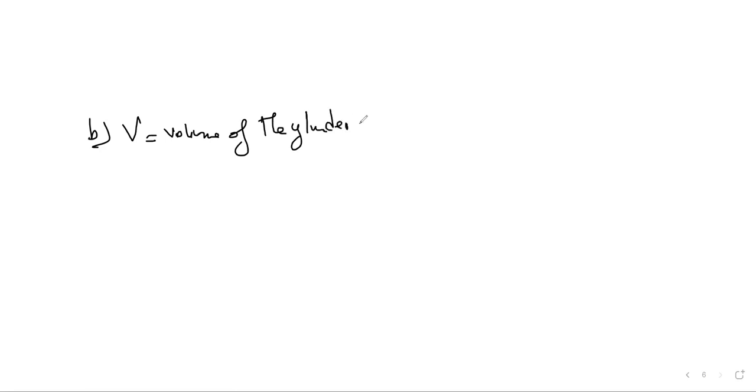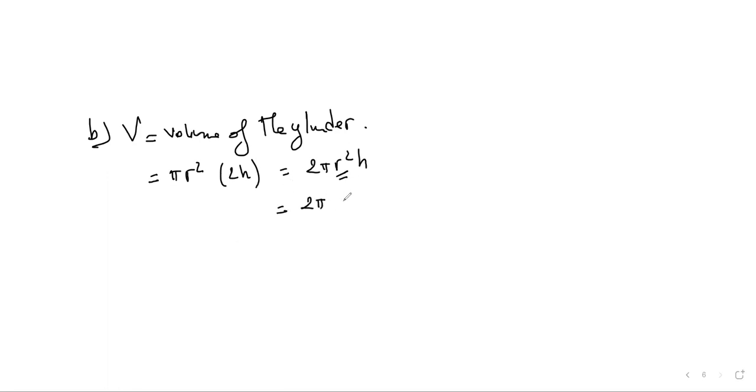The formula for the volume of the cylinder is the area of the circle multiplied by the height. So the area of the circle is pi times r squared, multiplied by the height h. So it's equal to pi r squared h. I know the expression of r in terms of h, so I just need to substitute that.